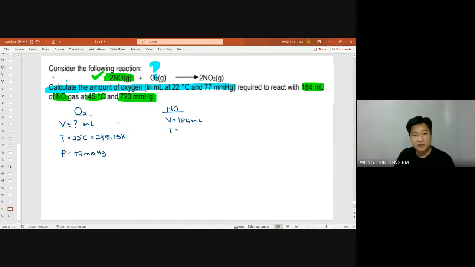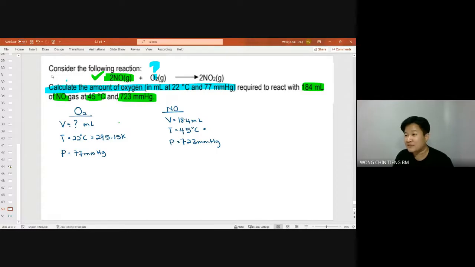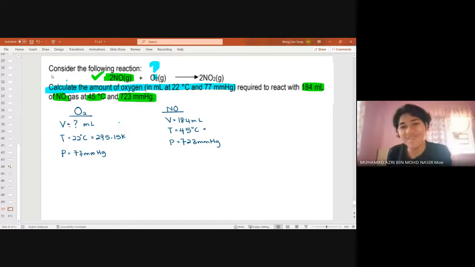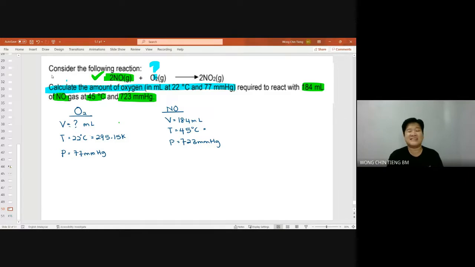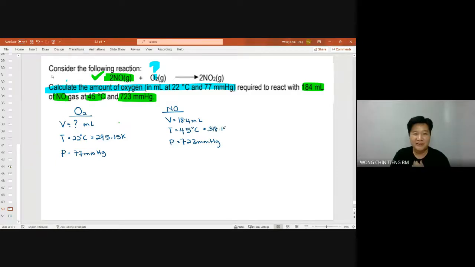The temperature given is 45 degrees Celsius. Azri? 331.30? We have this thing called a calculator. Lazy to press it? Of all the things, you are lazy to press the calculator. 318.15. 318.15, agree class? Kelvin. Yeah. Okay, my question.